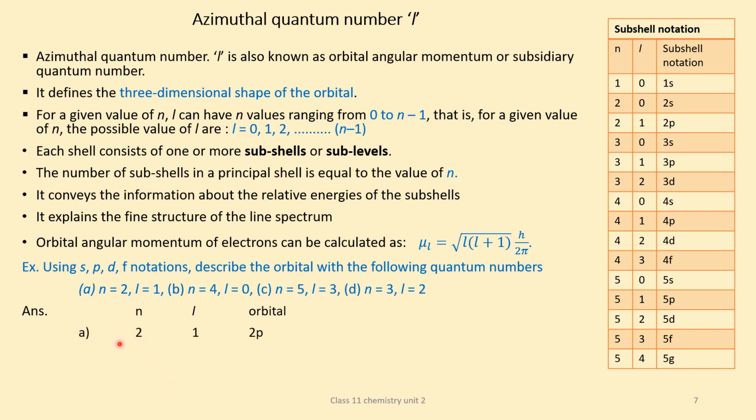In part A, n is equal to 2 and L is equal to 1. Here please see the table. For n is equal to 2, L is equal to 1, it is 2p. Next one is part B, n is equal to 4 and L is equal to 0.